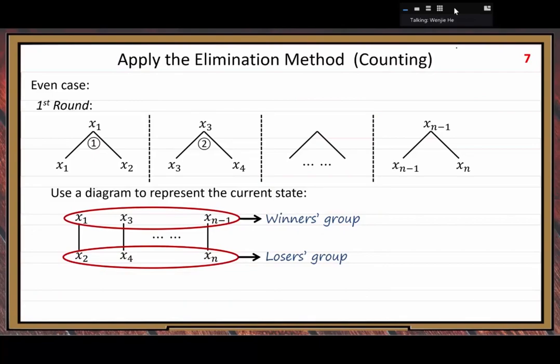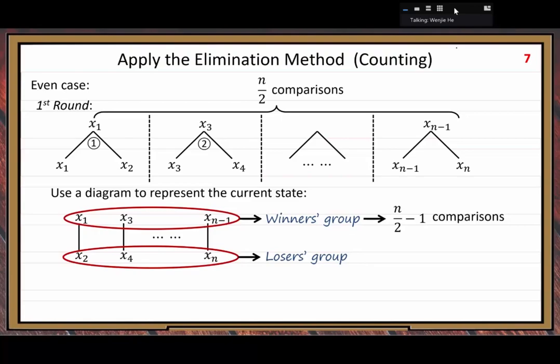We want to count the final total number of comparisons. The first round is n/2 comparisons. Then to get the maximum in the winners group, the number of elements is n/2, so n/2 minus 1, our previous solution, problem number 4.